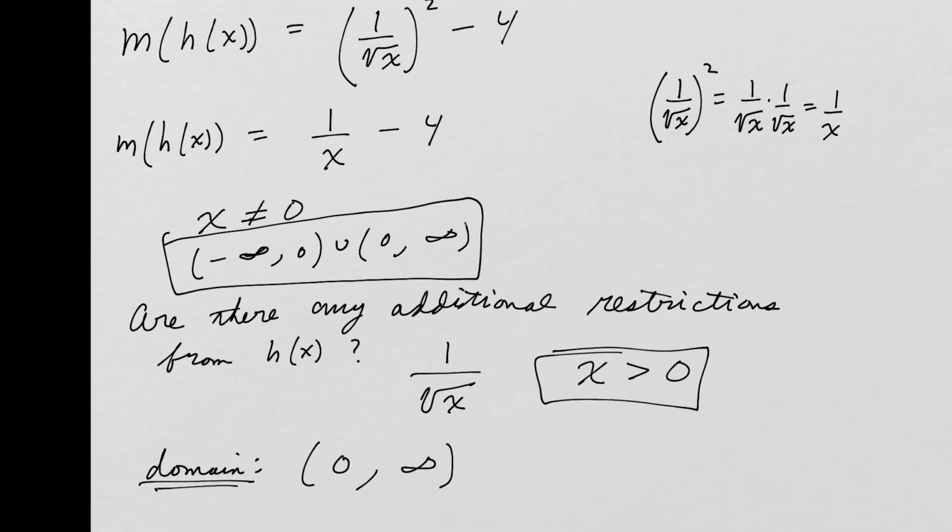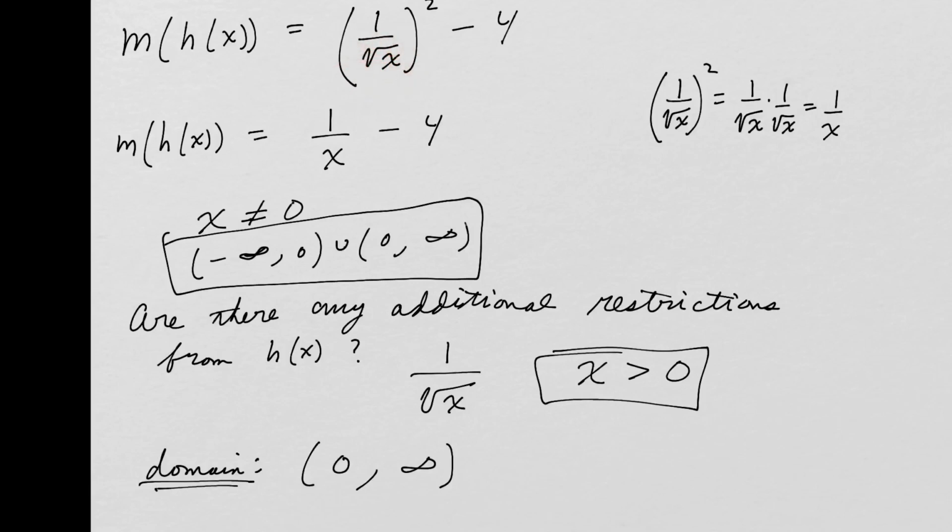Okay? Because when we simplified it, we got 1 over x minus 4. But if you go back to the original function, x can't be negative, right? Because if x were negative 5 or something, the square root of negative 5 is not a real number. We're not dealing with complex or imaginary numbers in this particular case. We're just talking about real numbers.